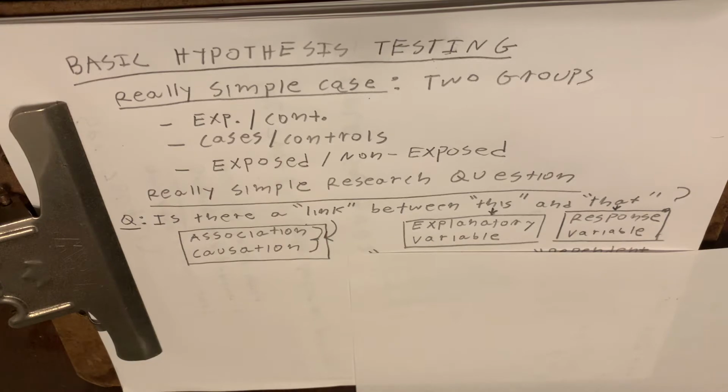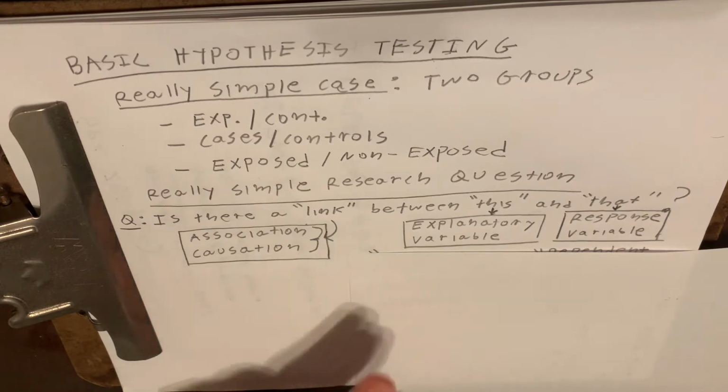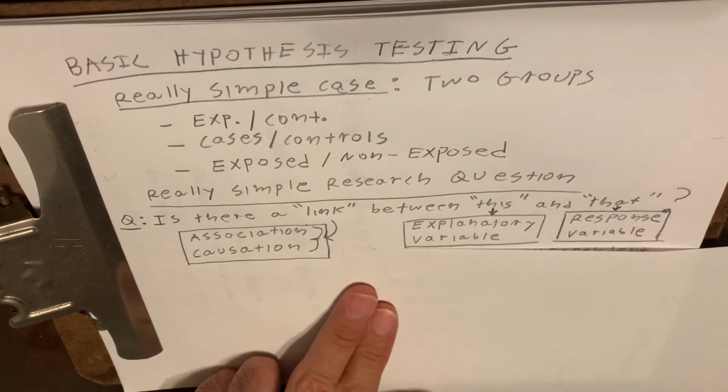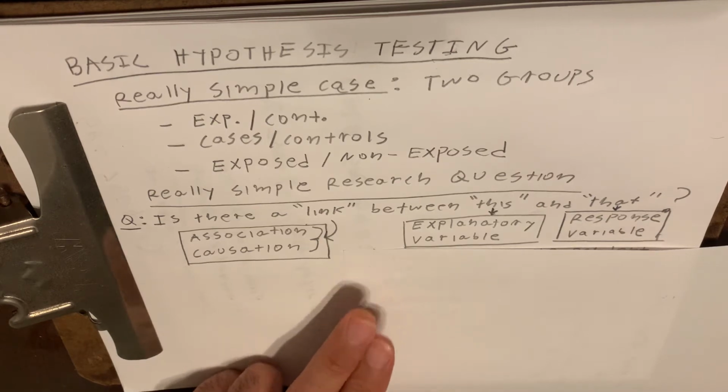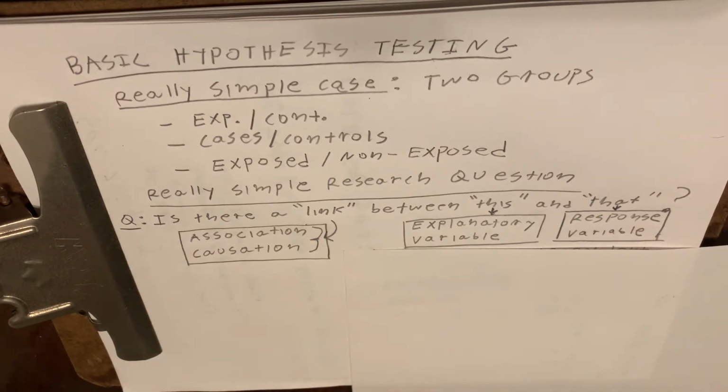So in college-level statistics, the this is most often called the explanatory variable, and the that is most often called the response variable. Now, it turns out that the response variable is really the thing you're interested in. For example, let's say we're interested in diet and cancer. So we might be interested in asking ourselves, why do some women get breast cancer and others don't?